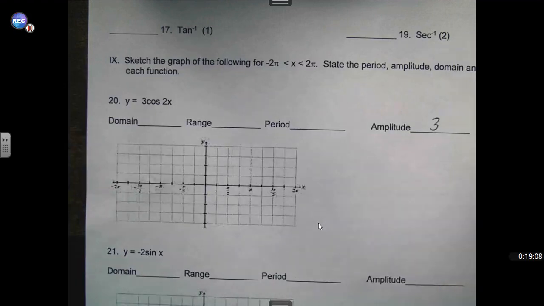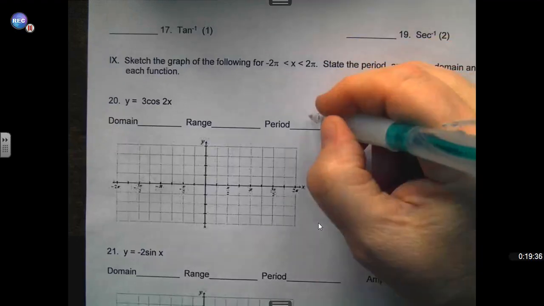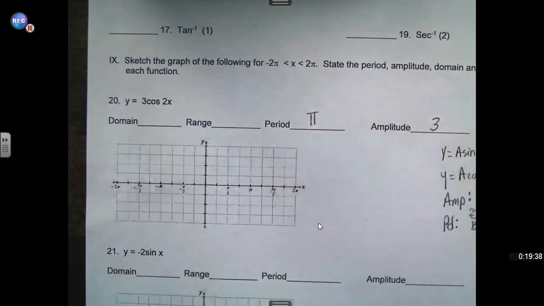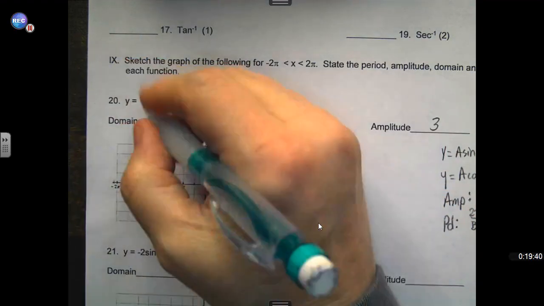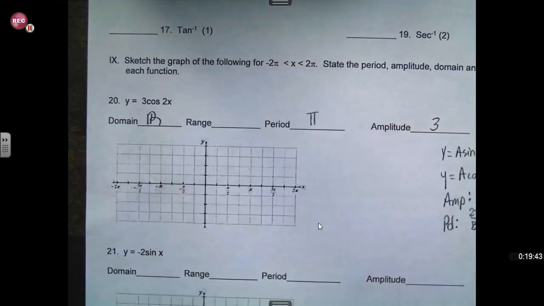And also, if you remind me, I'll put on the board y equals a sine bx, y equals a cosine bx, and a, the amplitude is a, and the period is 2 pi over b. So the period here is pi. Then we'll get the range when we look at it. Domain is all real numbers.